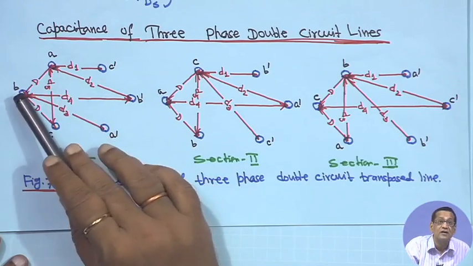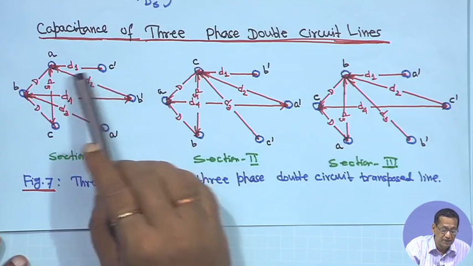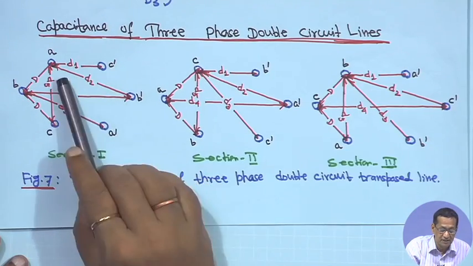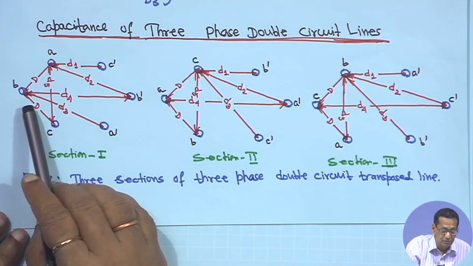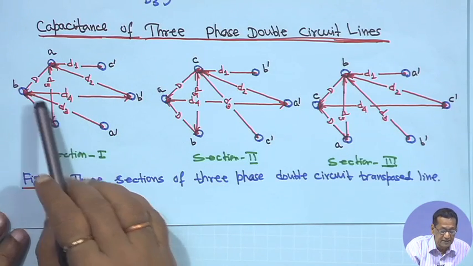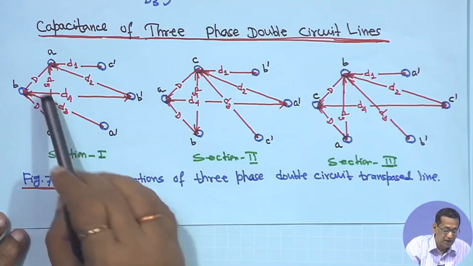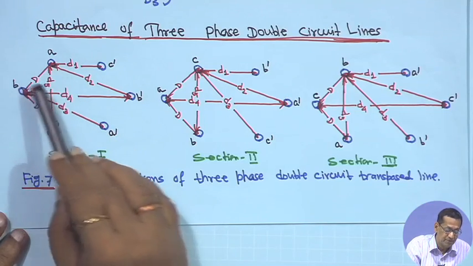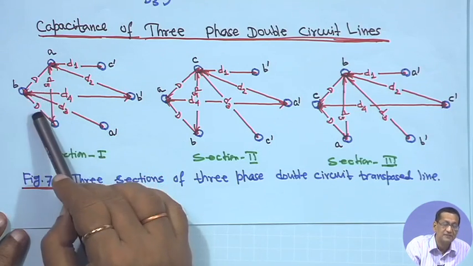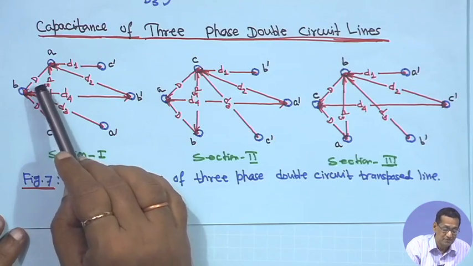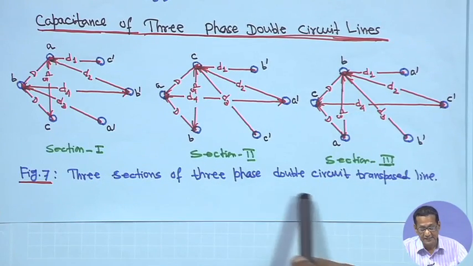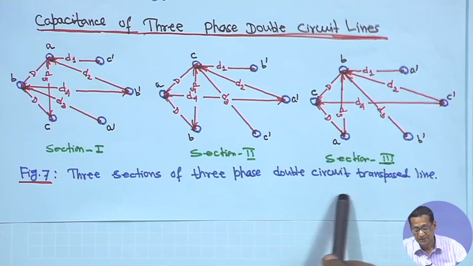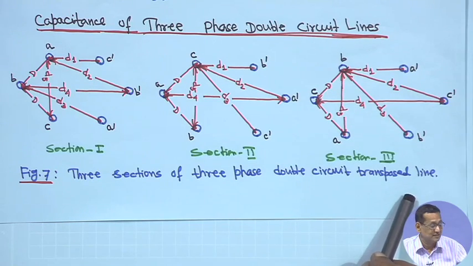A to C dash is D1, A to B dash is D2, B to A dash is D3 and B to B dash is D4, and the distance between A and B and between B and C is equal from the symmetry. So, this is D and D, the same everywhere. These are the 3 sections of the three phase double circuit transposed line.